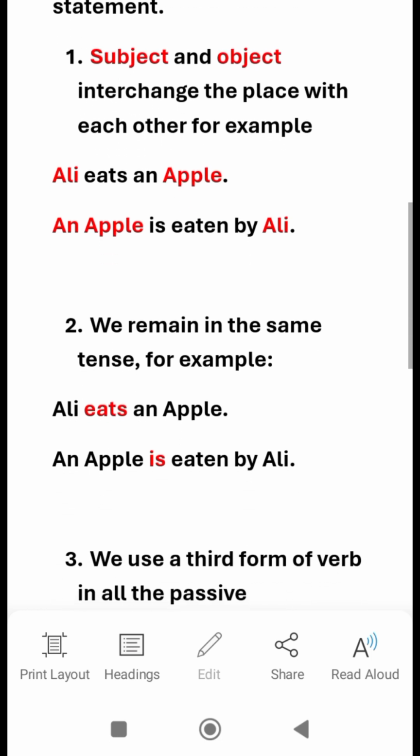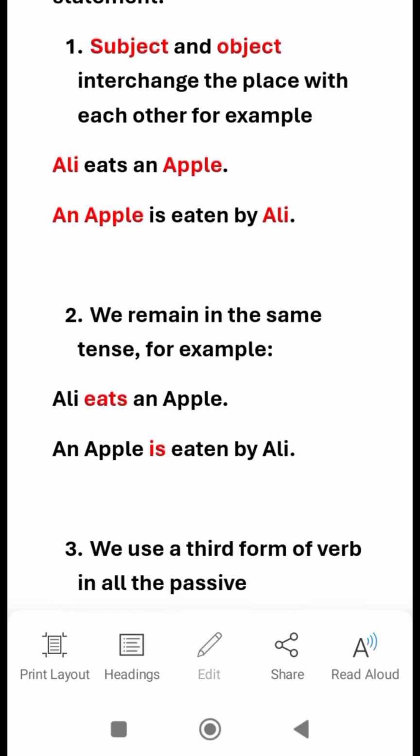Now, if you see the example here, it says Ali eats an apple. An apple is eaten by Ali. So eats is letting us know that this is present indefinite tense. ताकि हम सबको पता है कि present indefinite में ही verb के साथ ses की addition की जाती है. So Ali eats an apple.